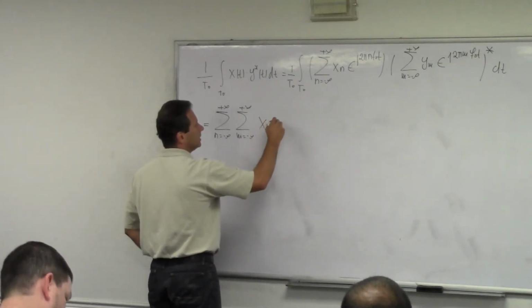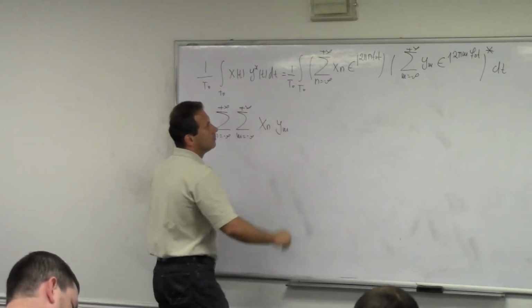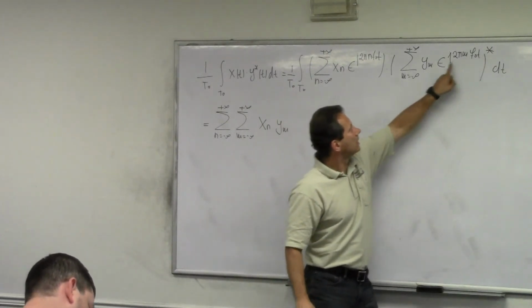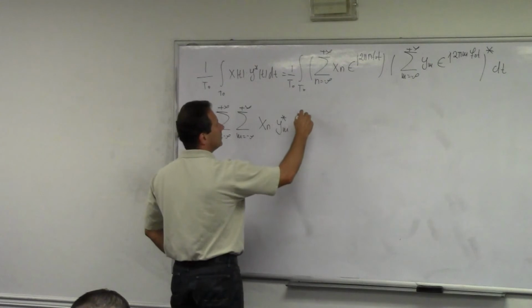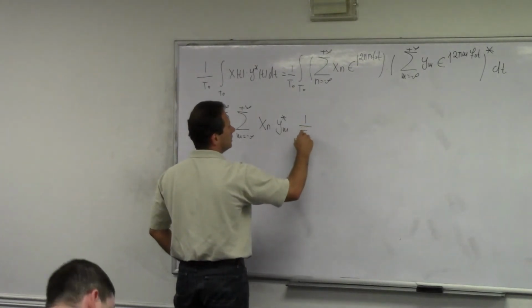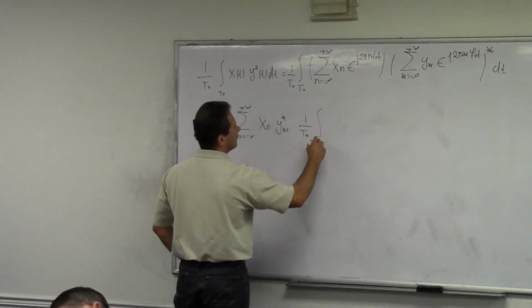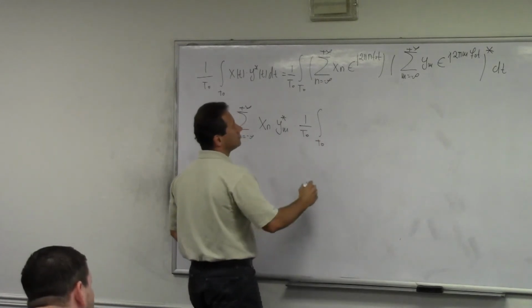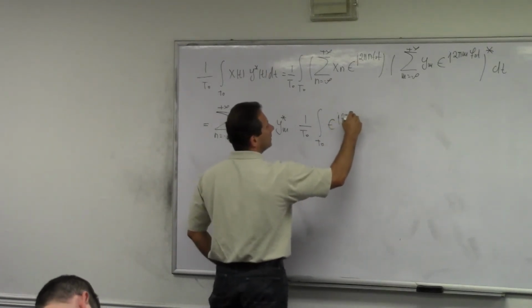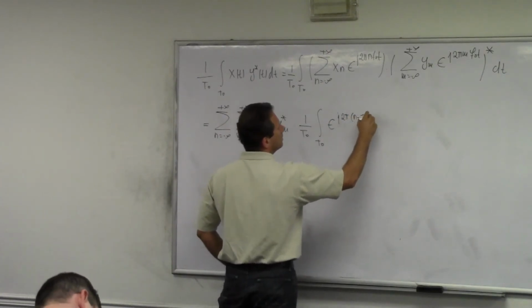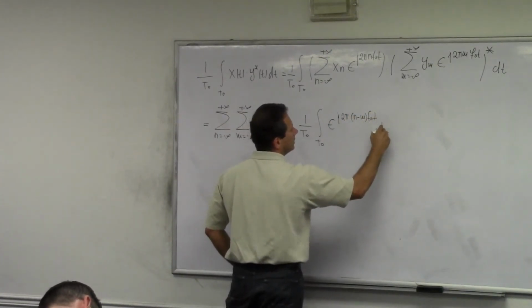So it's going to be xn times ym, but because of this complex conjugate here, I have to complex conjugate ym. And then what I'm left with is this integral, 1 over T0, integral over T0, e to the j 2 pi n minus m f0 t dt.